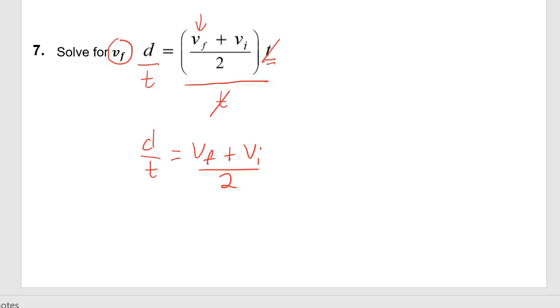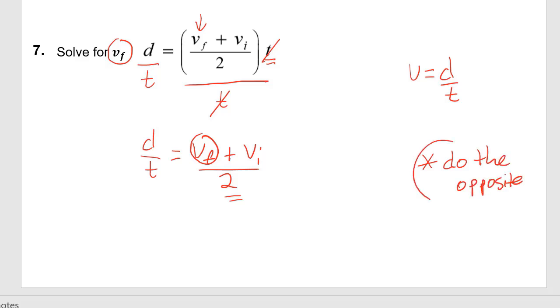This is interesting because d over t is like our average velocity formula, which is the left side of this equation, and the right side is average velocity as well if we take the sum and divide by 2. But we want to solve this for VF, so we have to keep going. Again we have a fraction divided by 2, so we can do the opposite and multiply both sides by 2.